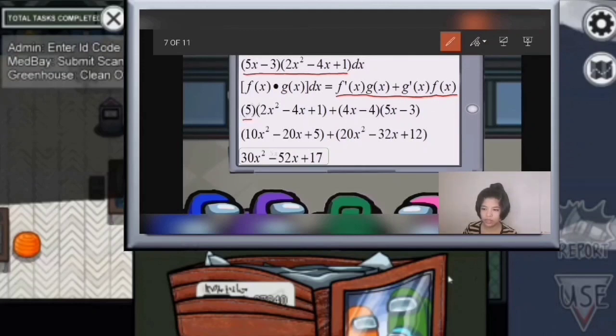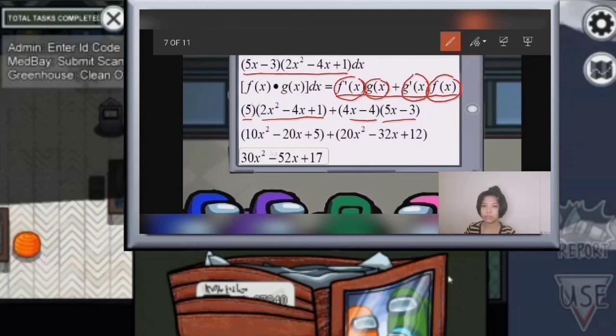Then copy the g of x, which is 2x squared minus 4x plus 1. Then plus the derivative of g of x, which is 2x squared minus 4x plus 1, giving us 4x minus 4. Then copy the first term, which is 5x minus 3.